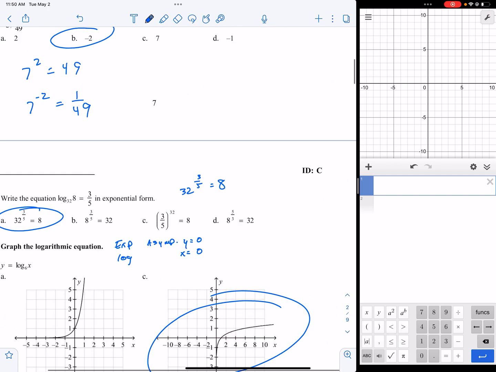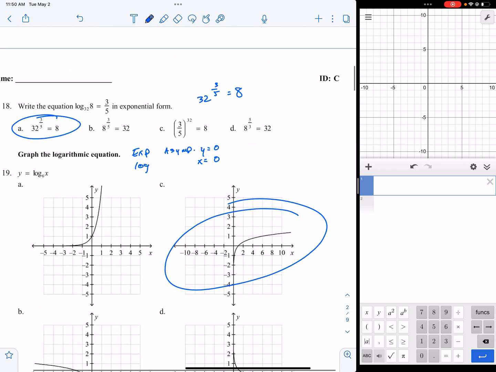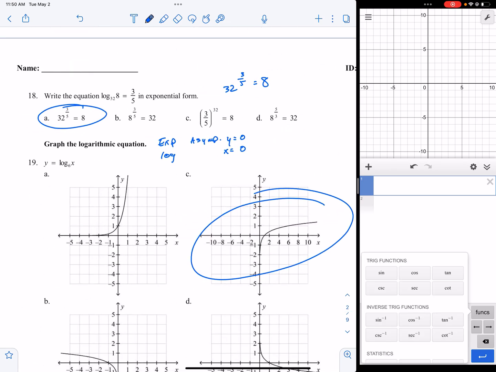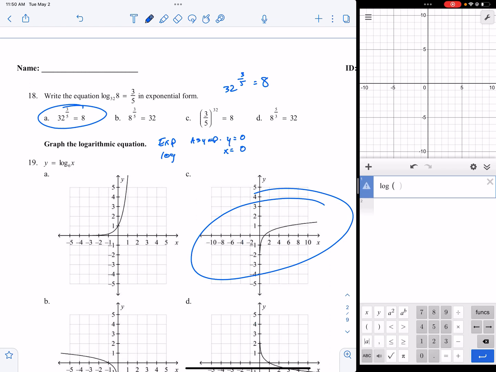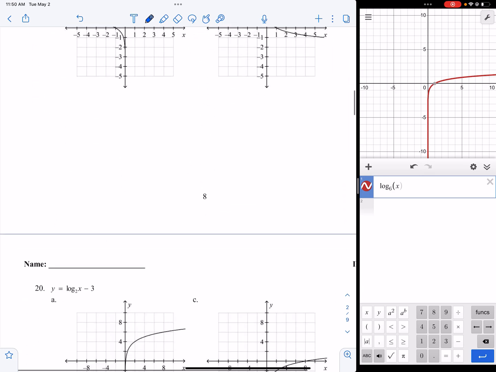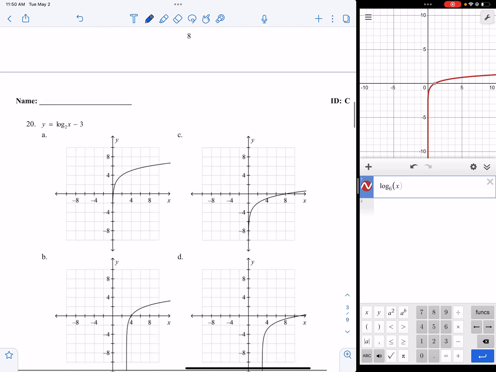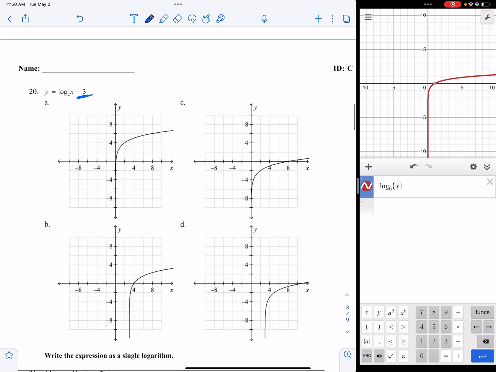Okay? You could also just pop this into Desmos. All right? Go down to calculus, log base 6 of x, and you kind of get an idea. Okay? You could graph it. Same thing here. Okay? -3 is the asymptote. Okay? So that means, all right, the asymptote is 3 over.